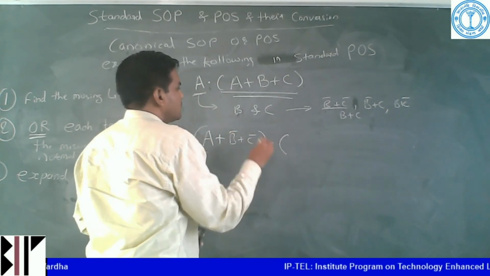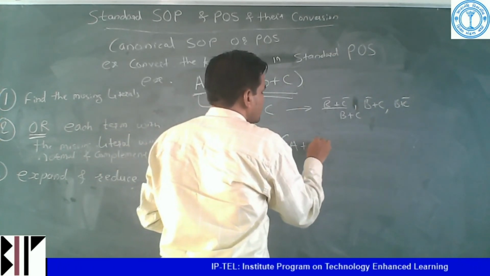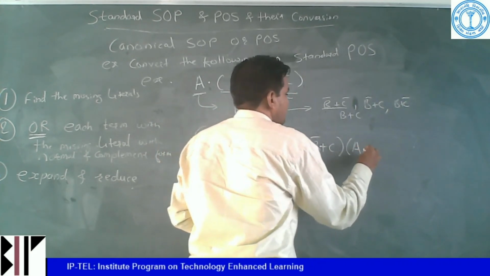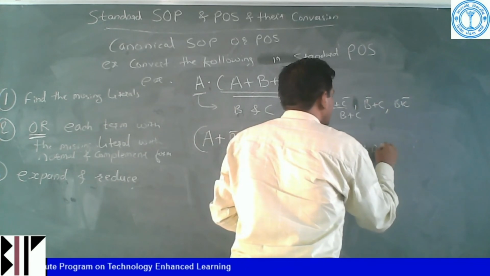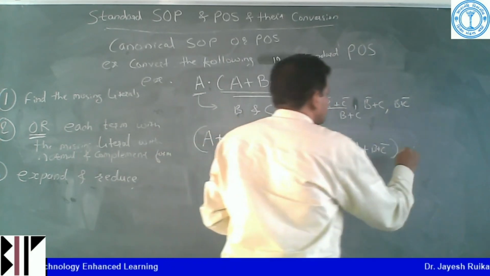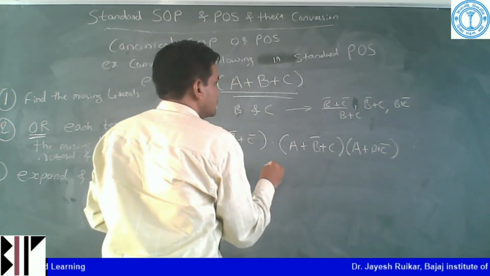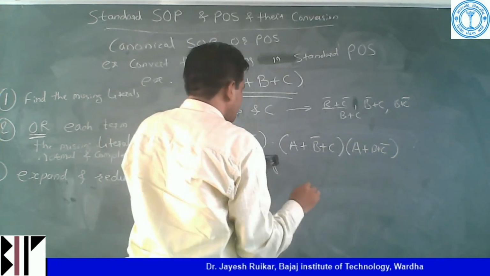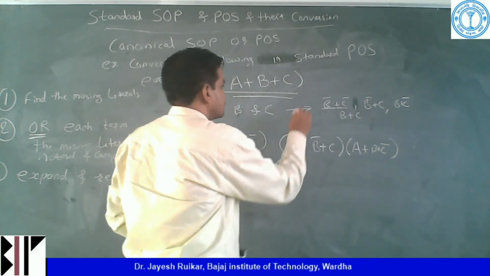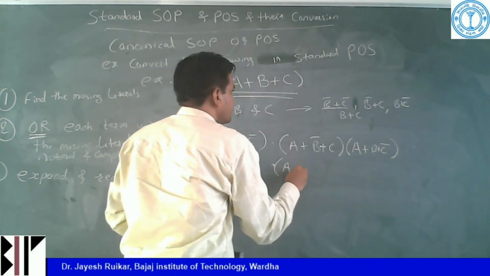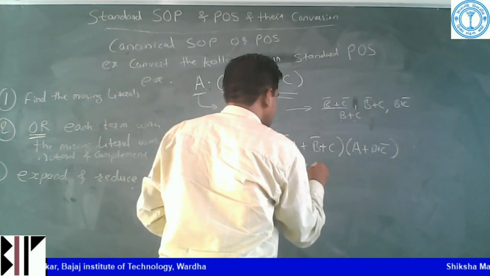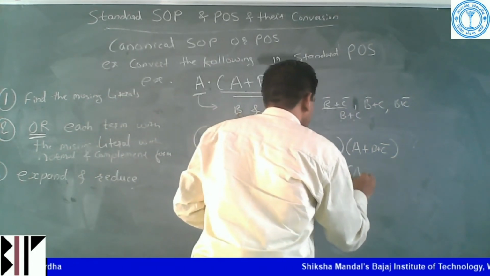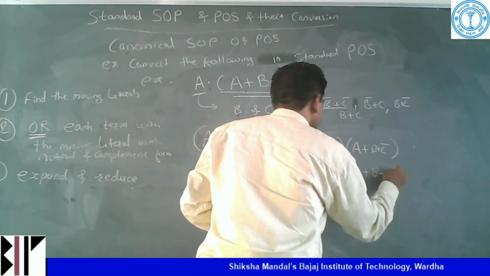Then the second combination with this A is A plus B bar plus C. Then A plus B plus C bar. Sorry, this is multiplication. The fourth combination is A plus B plus C. And then this remaining dot A plus B plus C.